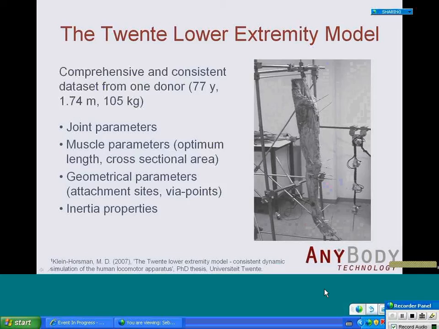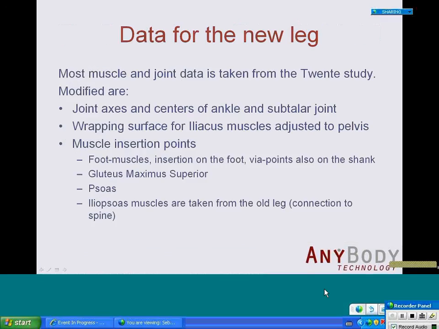As I said, most of the muscle and joint data is taken from this Twente study. But there were a few modifications: the joint axes and centers for the ankle and subtalar joint were put in a slightly more general orientation. The wrapping surfaces for the iliacus muscles were adjusted to fit the original pelvis of our body model, and the muscle insertion points were changed for the foot muscles, as well as the via points of these muscles on the shank.